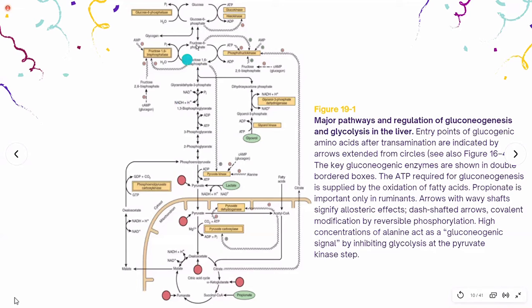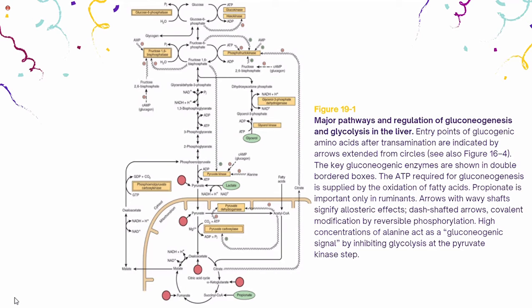And so it can go this way, go up, and go this way. So there is glycerol, lactate, propionate, and glucogenic amino acids. Sources, this one is red. You have amino acids there. You say now your gluconeogenesis.